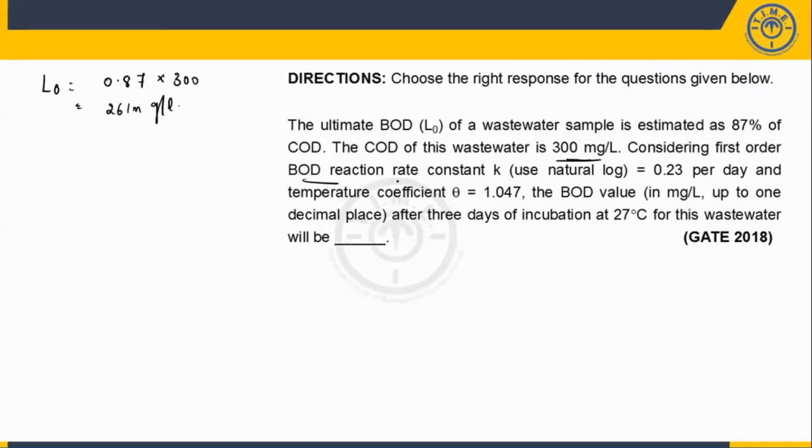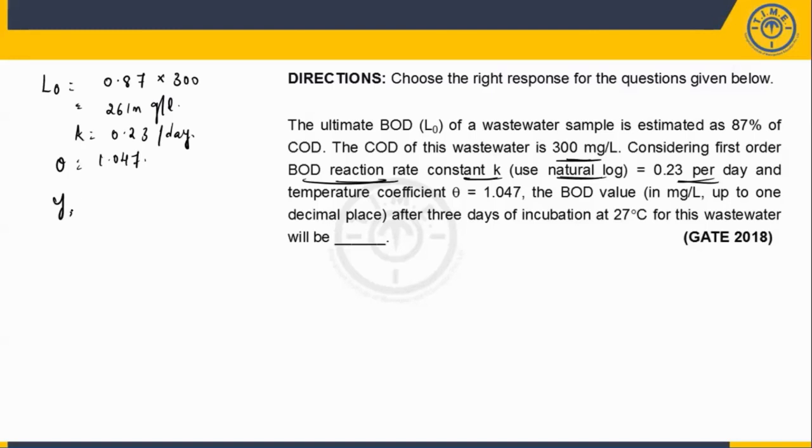Considering first order BOD reaction, the rate constant K, use natural log, K equal to 0.23 per day. Temperature coefficient theta equal to 1.047. The BOD value after 3 days at 27 degrees.